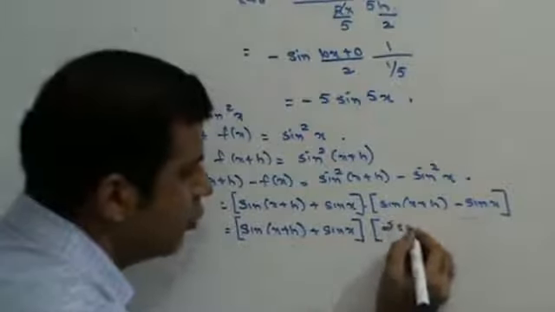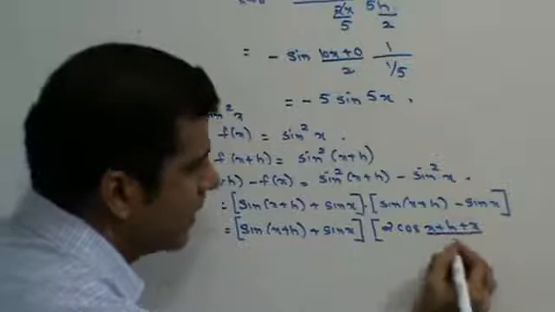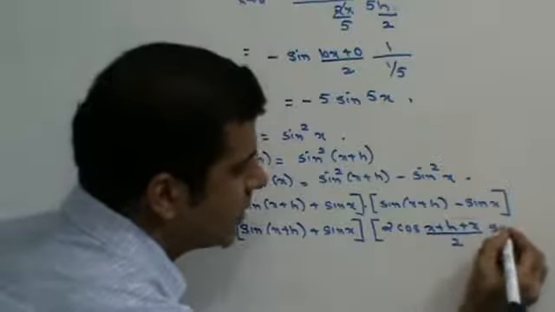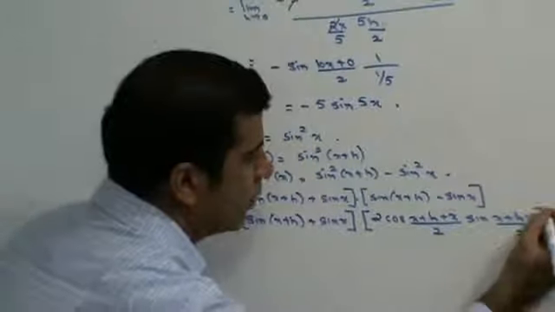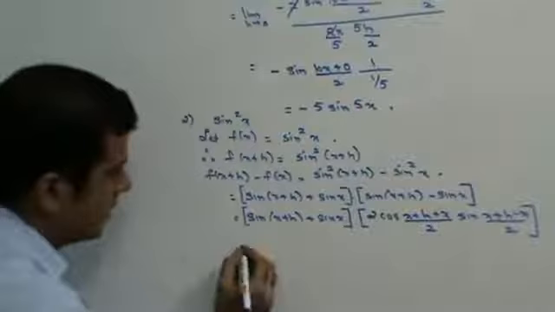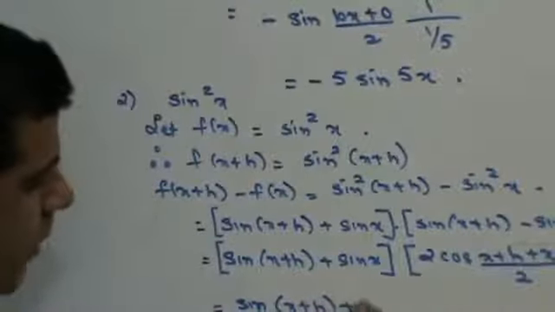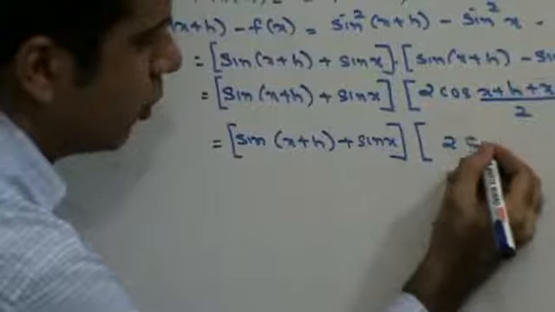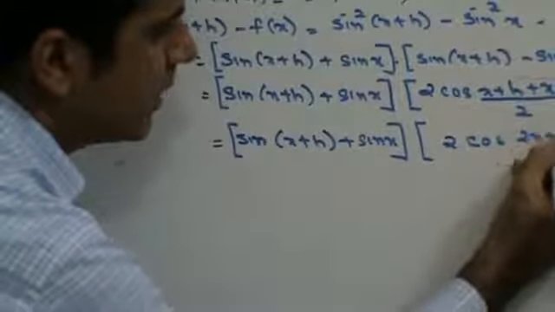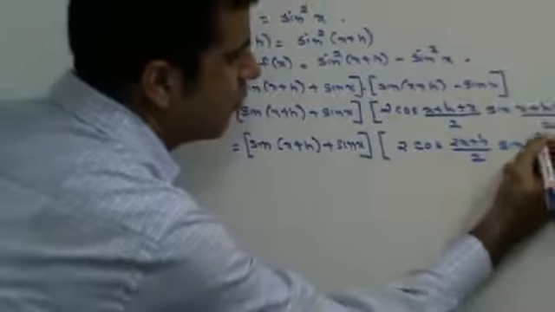So this will be 2 cos, factorization formula, (x plus h plus x) by 2, sin (x plus h minus x) by 2. This can be written as 2 cos of (2x plus h) by 2, sin h by 2.